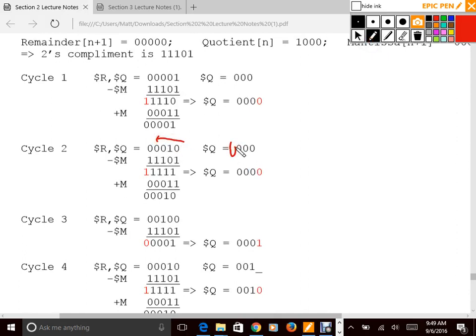Most significant bit of the quotient becomes the least significant bit of the remainder. So now we have 0, 0, 0, 1, 0. We subtract the mantissa. And then we get 1, 1, 1, 1, 1. The negation of the most significant bit becomes the least significant bit of the quotient. So you can see here 0, 0, 1, 0. That's our solution. And then because it starts with a 1, we restore again.